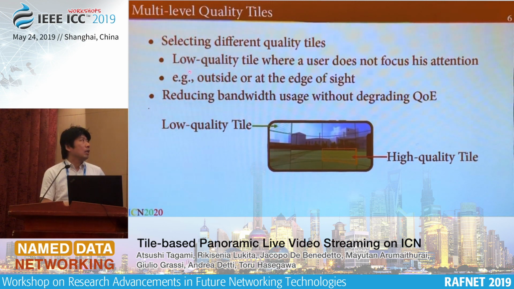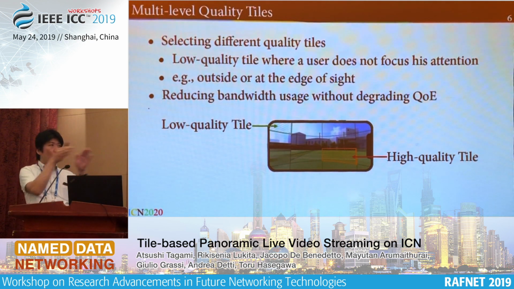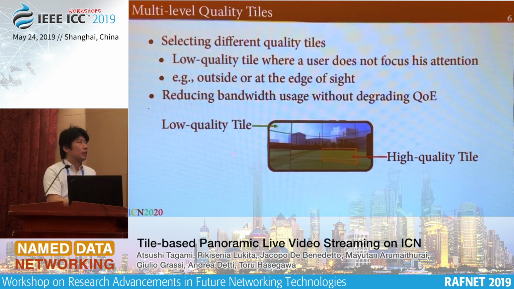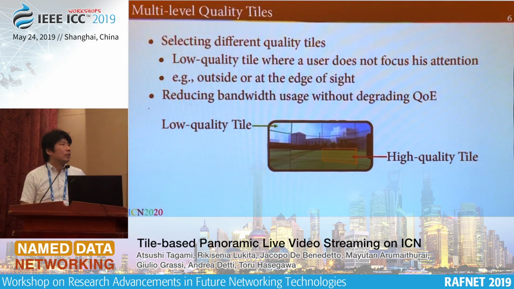For example, the user requests a low quality tile where the user does not focus attention, for example the side or edge of the view. Usually users focus on the center, and even if the edge is lower quality, the user does not pay attention to it.